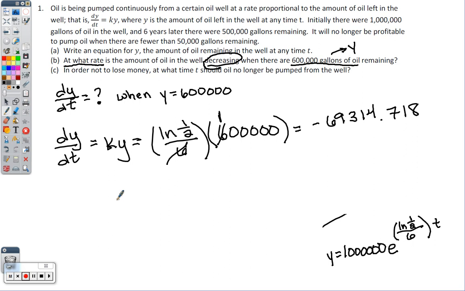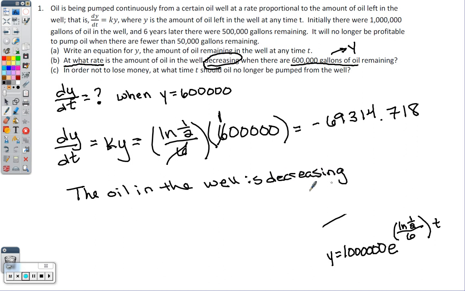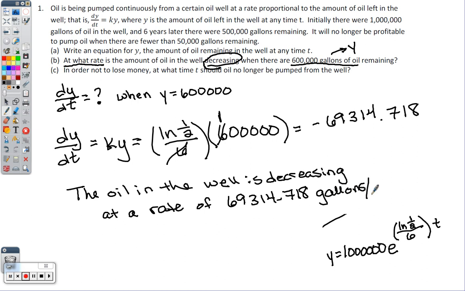The oil in the well is decreasing at a rate of positive 69,314.718, and then units for this would be gallons per year.